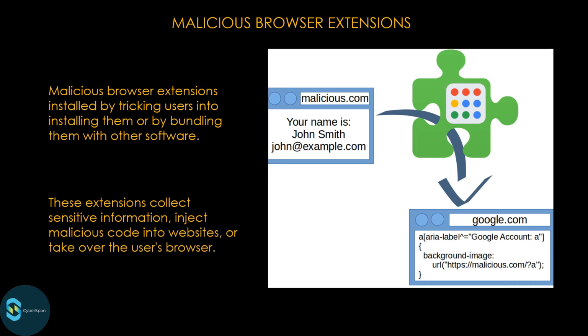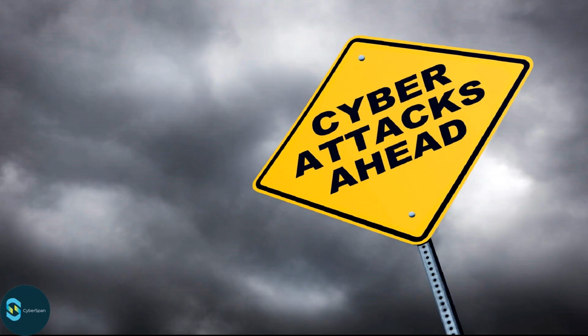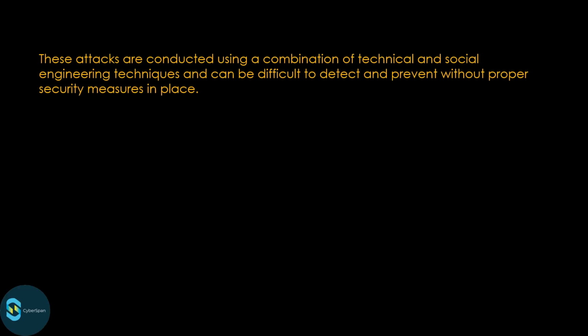So, overall, these attacks are typically conducted using a combination of technical and social engineering techniques, as we have seen, and can be difficult to detect and prevent without proper security measures in place.